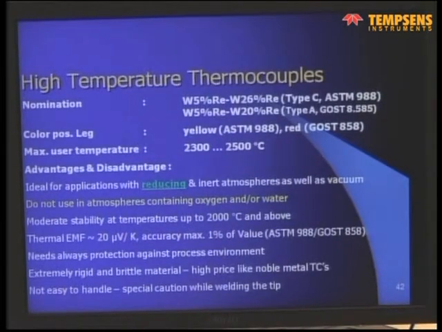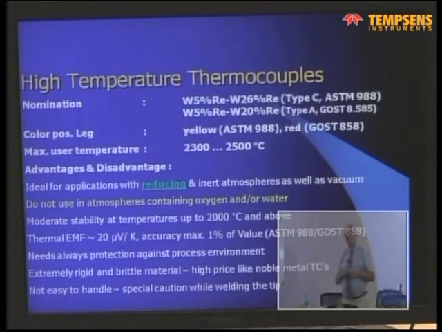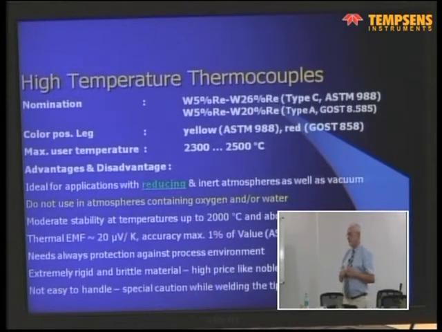Extremely rigid and brittle material, and the price is comparable to noble metal thermocouples. But at high temperatures, you have no other choice. It's not easy to handle, especially once they have been warmed up, so special caution must be taken when forming the hot tip, the welding tip.